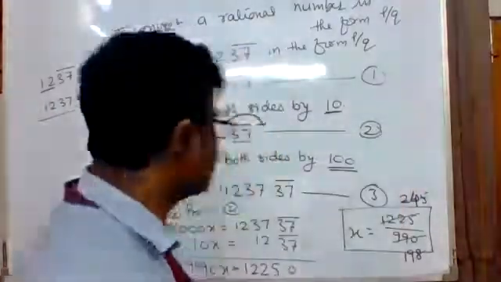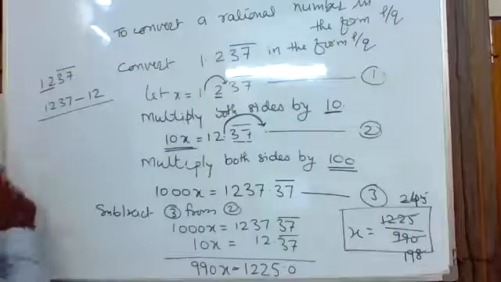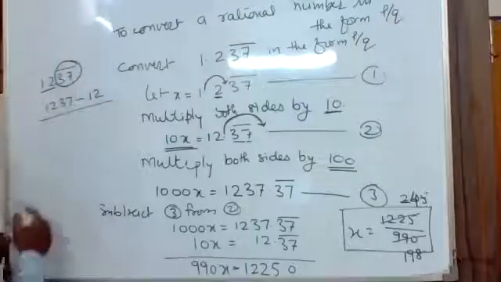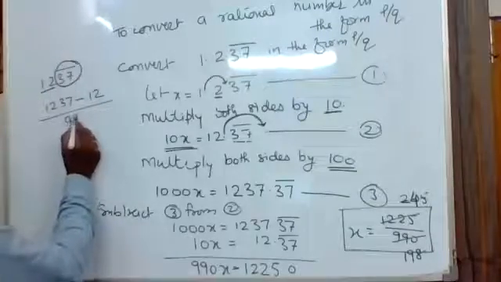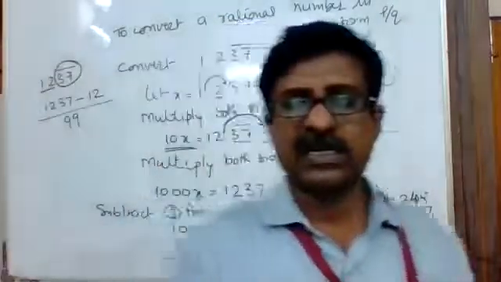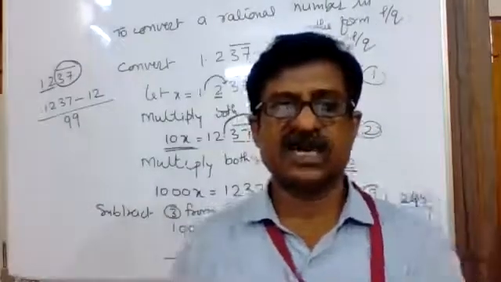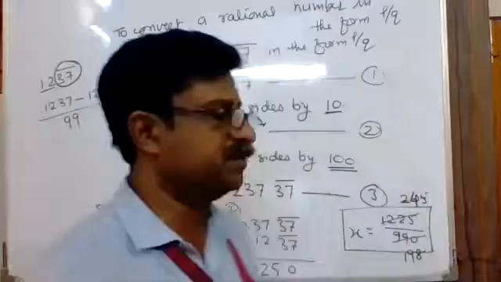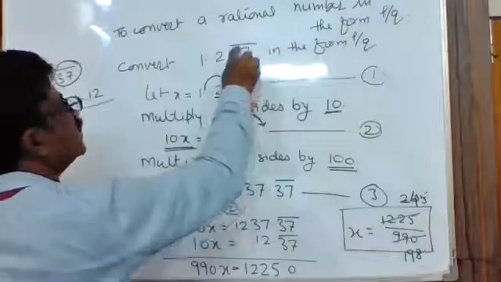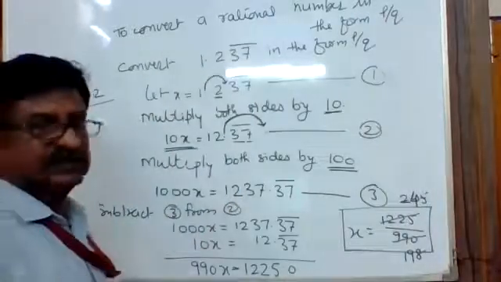Now the denominator part. The number of digits having the bar, that many 9s we keep in the denominator. If there are 2 numbers having the bar, then keep 2 nines. Here 3 and 7 had the bar, therefore we have put 2 nines.